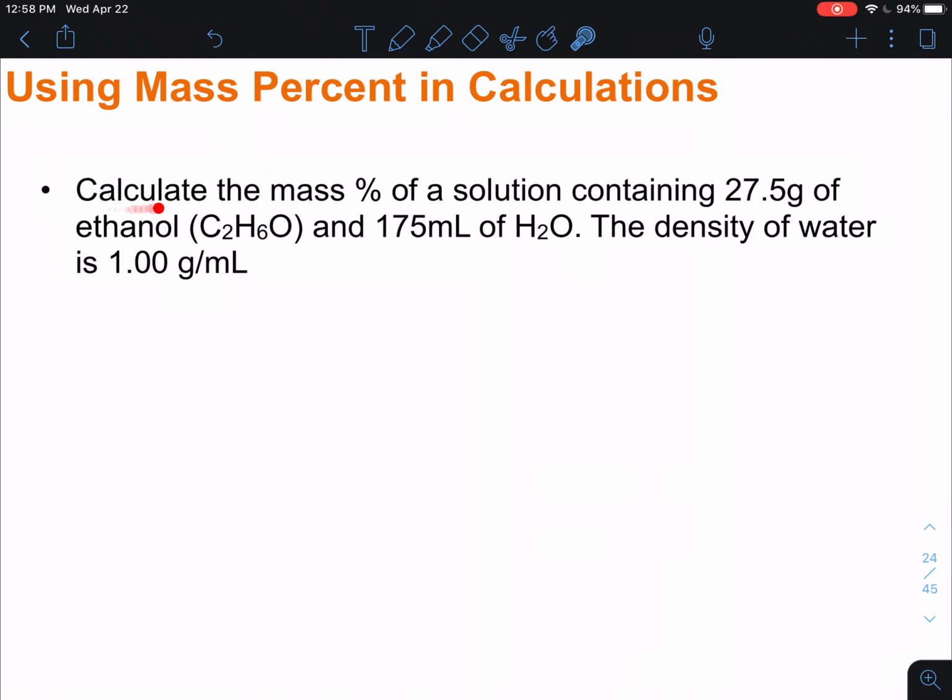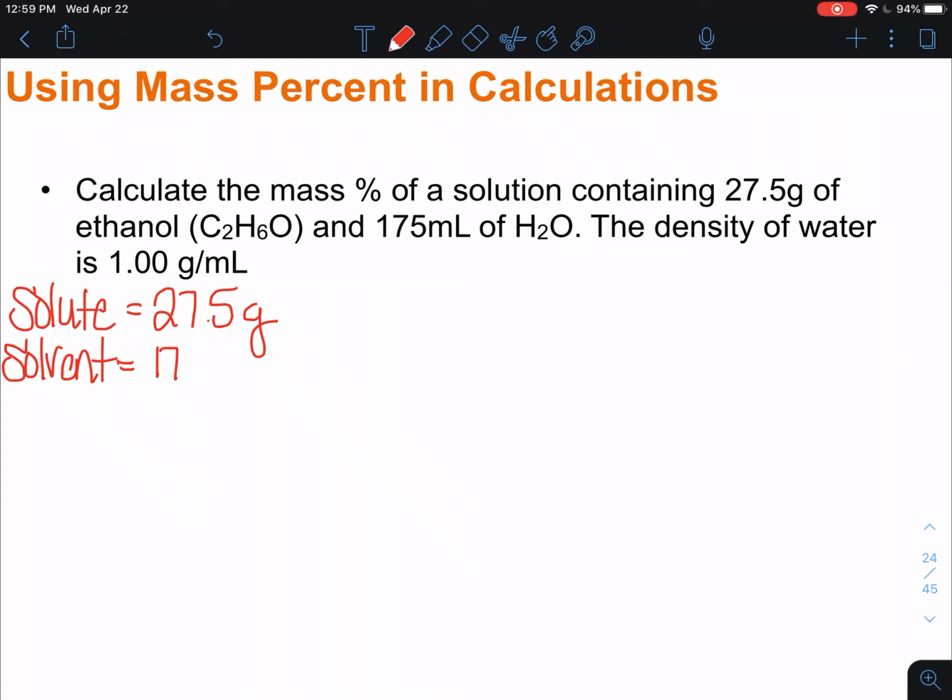Let's do another one. Calculate the mass percent of a solution containing 27.5 grams of ethanol and 175 milliliters of water. The density of water is 1.00 grams per milliliter. Okay, so we have, obviously, the solute, which is 27.5 grams. The solvent, we were given it in 175 ml, and we need it in grams.